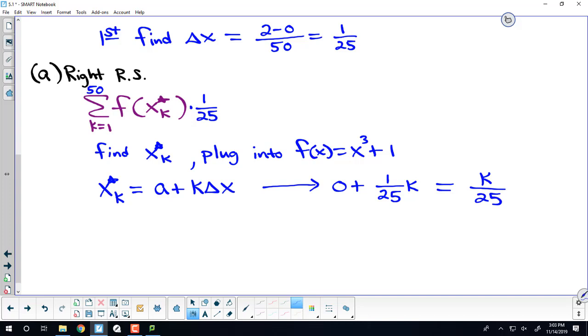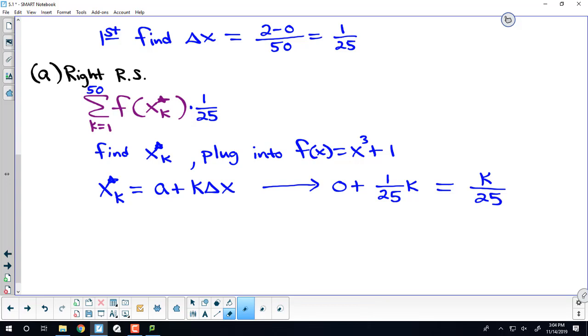And notice we don't have to worry about the first one, the second one, the third one, the fourth one, because when we plug that into this sum right here, that's going to account for the first one, the second one, the third one, the fourth one, the fifth one, the 50th one. So we just have this x star sub k.